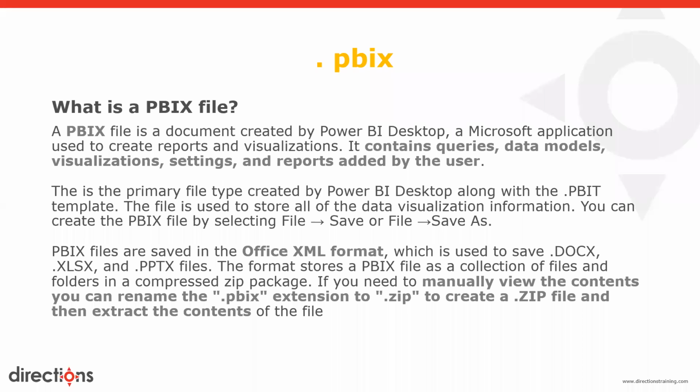If I have a huge amount of resources that I want to share with you, I can give you the PBIX file and you've got all the data, you've got all the reports, and you can create your own reports and visualizations. This is Office XML format. If you want to see what's inside a PBIX document, then you change the file extension to zip, and you're probably familiar with that.